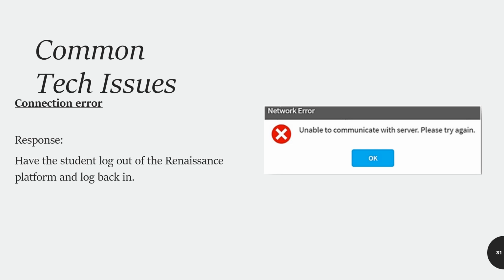Many fixes for this common tech issue is to have the student log out of RenPlace and then log back in. It can also be solved by having the student completely shut down their computer, wait for a moment, then enter their credentials once again.